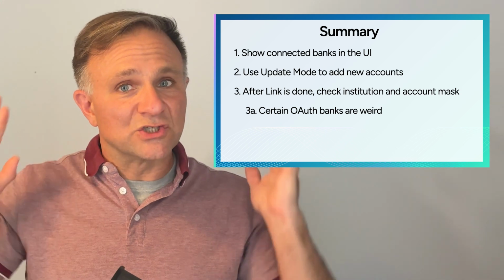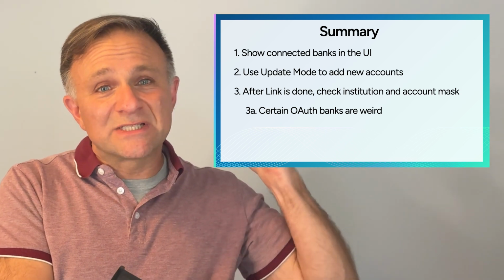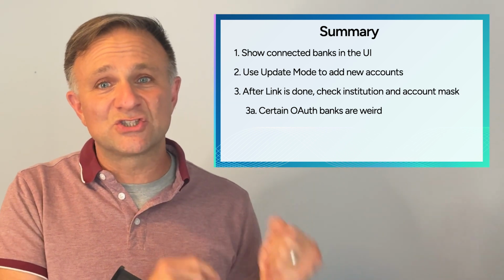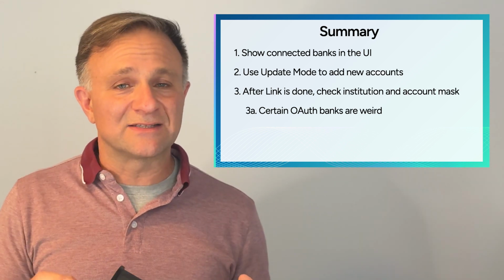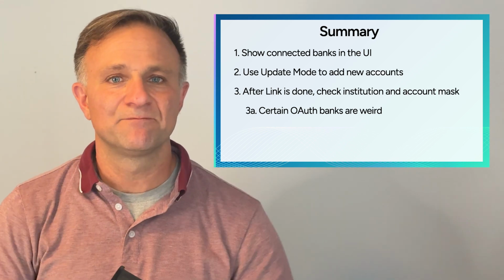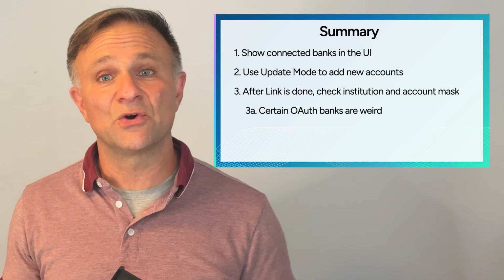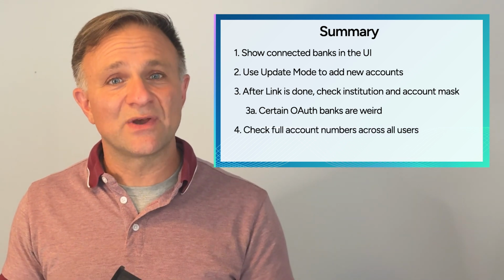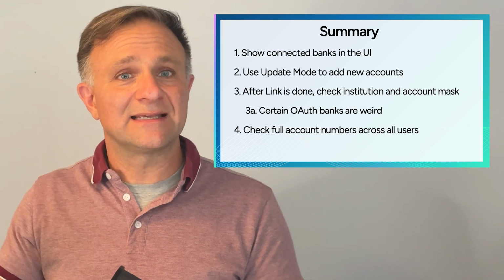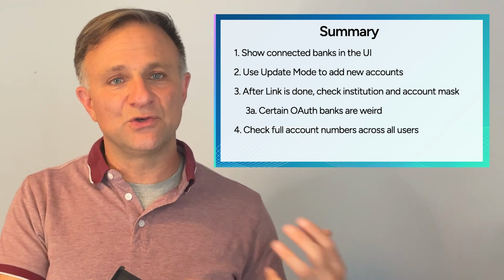Unless, that is, they're using Schwab, PNC, or Chase, in which case it actually might make more sense to exchange the public token for an access token and swap that out for your old access token, which is now in a broken state. And then once you've created that access token, you might want to do some additional checks to see if this user has created other items that point to this exact same account using a different App User ID.